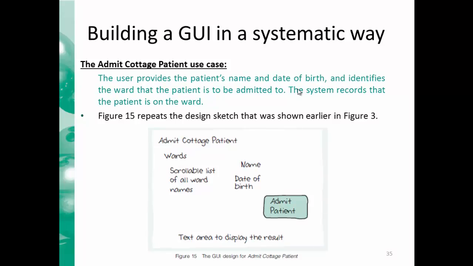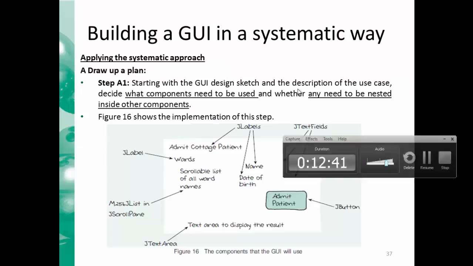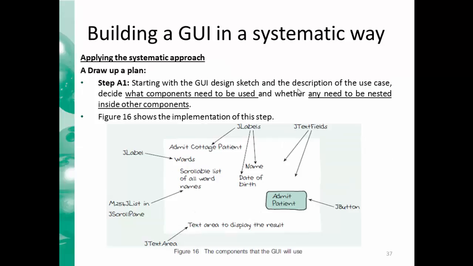As usual, we first start with the use case. We understand the use case very well, and we try to provide a suggested screen for that interface. Here we are applying the systematic approach. First, we draw the plan for this particular part or component of the graphical user interface.